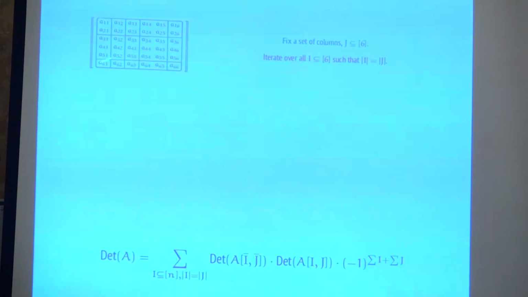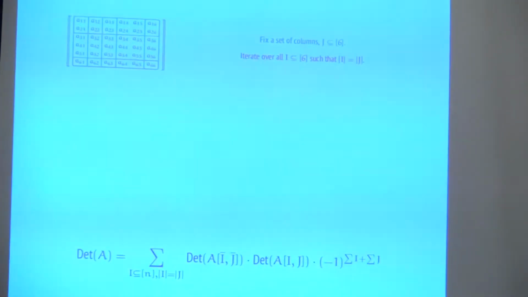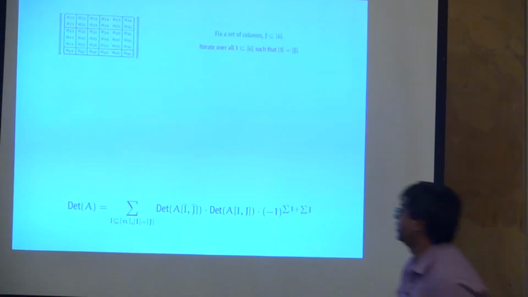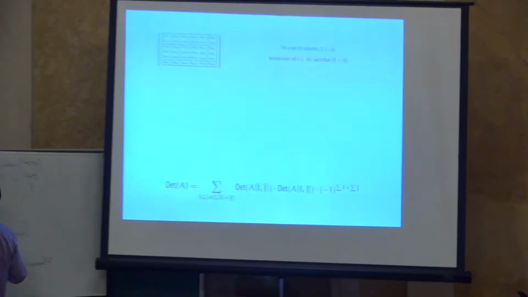Iterate over all I subset of your rows such that the cardinality of I is equal to the cardinality of J, and basically this is what you do. You sum over all of this, you find the determinant of that matrix, and you find the determinant of the complement. Like if I have a square matrix, I fix some columns. For example, I fix this column.